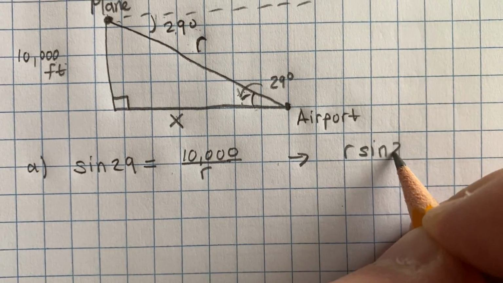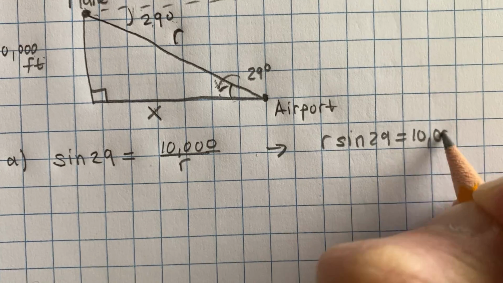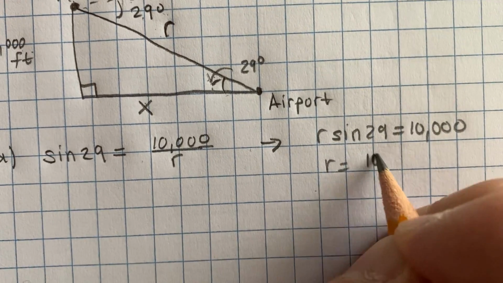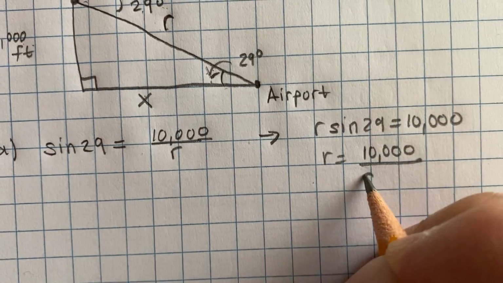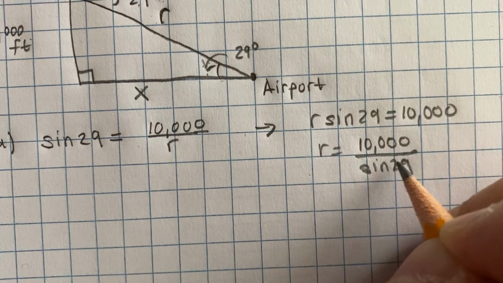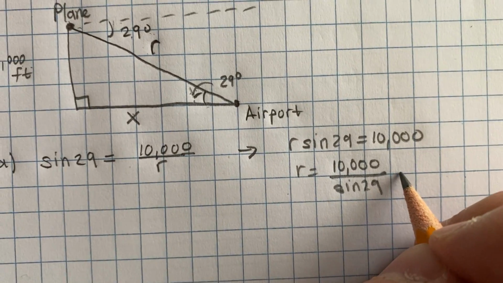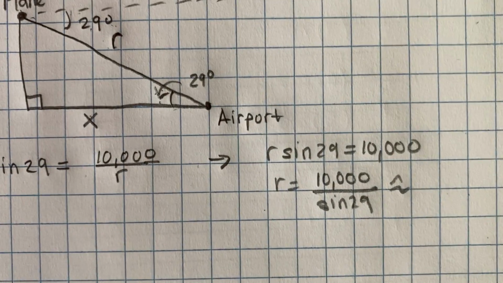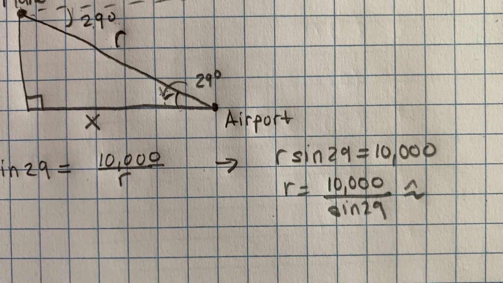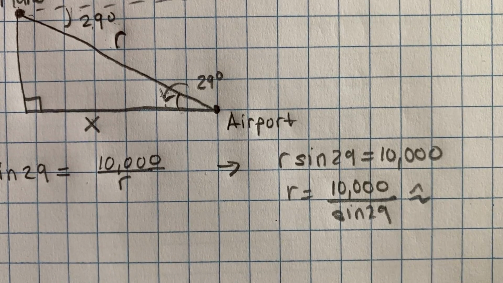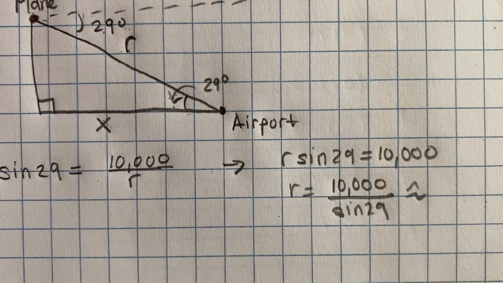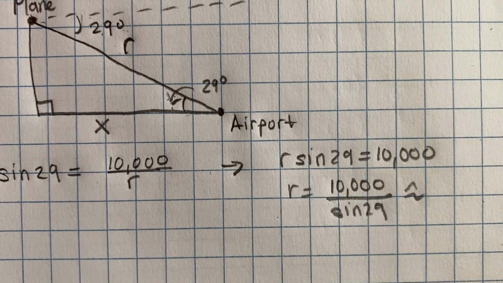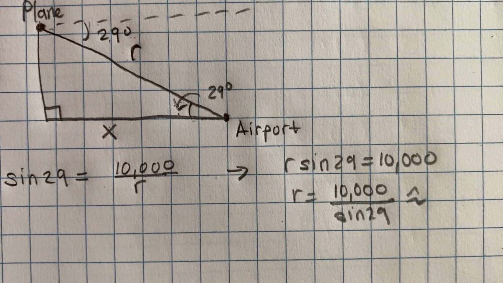R sine 29 is equal to 10,000. R is equal to 10,000 divided by sine of 29. That's the exact answer in feet. To get the approximate answer, you would just use your calculator: 10,000 divided by sine 29. It looks like you're going to get 20,626 feet.